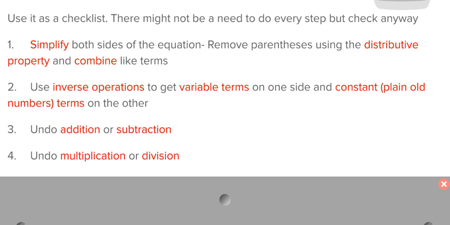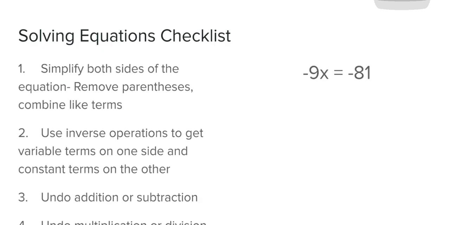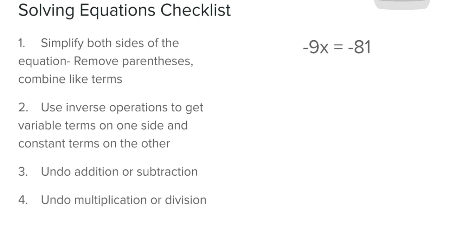And usually, once you get to step two, you're more often than not going to have just a one-step equation. So let's take a look at some of these types of problems and use the checklist as a checklist. Okay? Pause this video at any time if I'm going too fast or if you need to catch up. That's the beauty of these recordings. You can pause me at any time. Okay? So again, there aren't any new notes on this one. That's important to know. There are no new notes on this. It's just examples, so we just have them here.